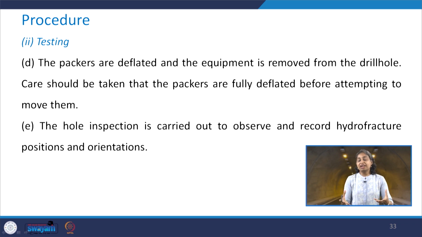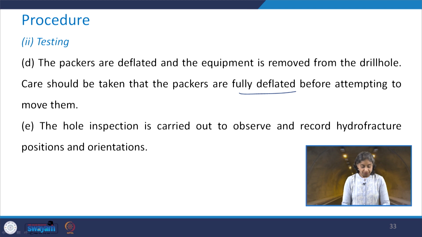What happens then? The packers are deflated once the fracturing has taken place, and the equipment is removed from the drill hole. Care should be taken that the packers are fully deflated before attempting to move them, because if they are not fully deflated, it will be very difficult to retrieve them.